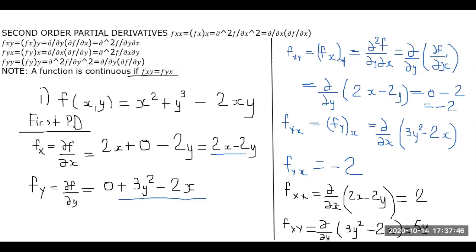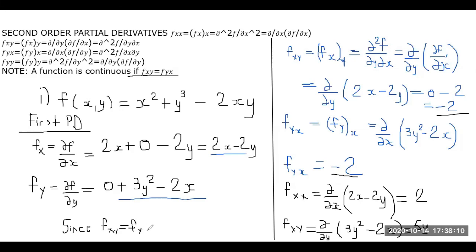From these results, what can we conclude from the second derivatives? Since fxy is equal to negative 2 and fyx is equal to negative 2, we can conclude that this function is continuous.